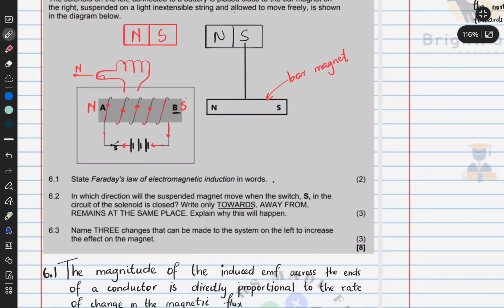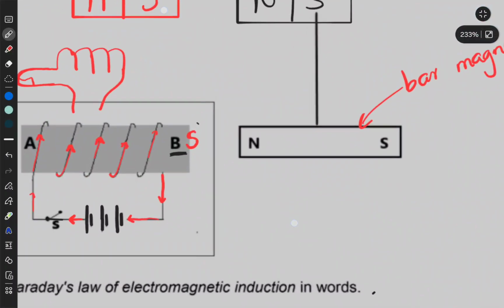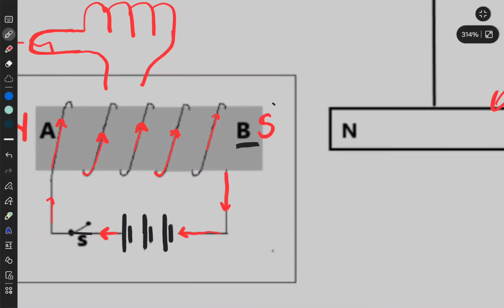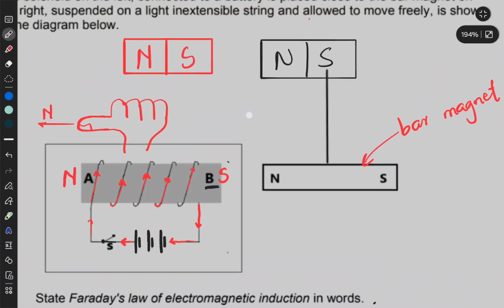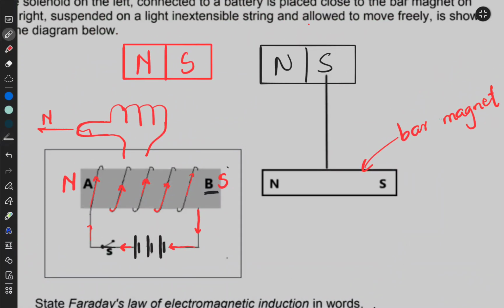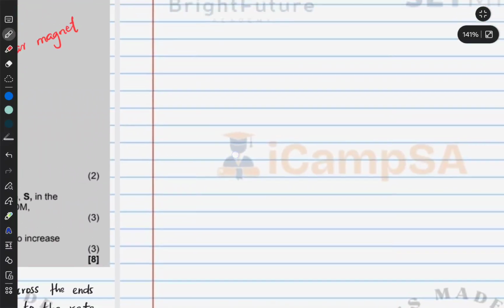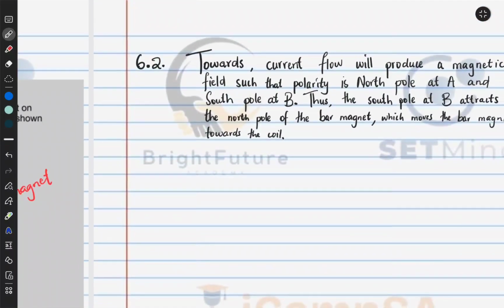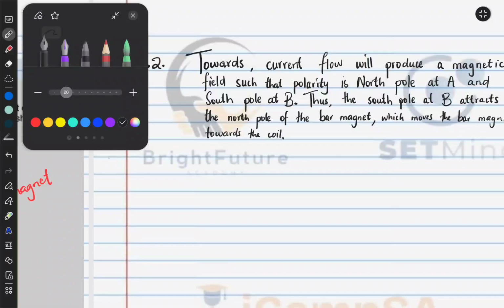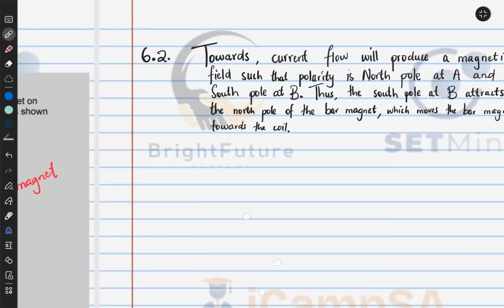You can't use speed or theta. Here we were mostly focusing on increasing just that magnetic force that made this bar magnet move towards the solenoid. So all your reasons would have to justify how we can increase that magnetic force.